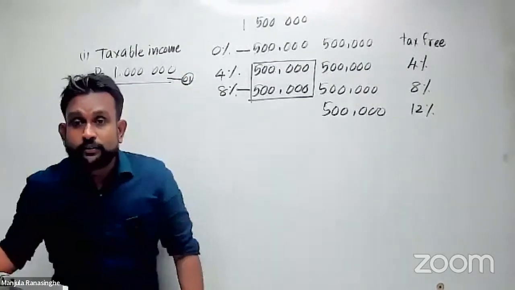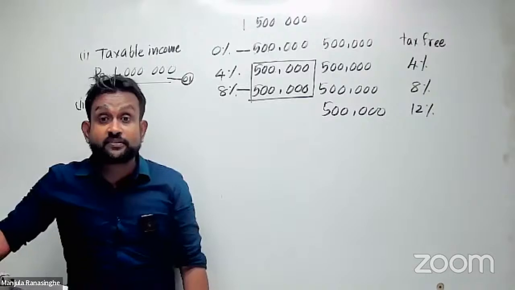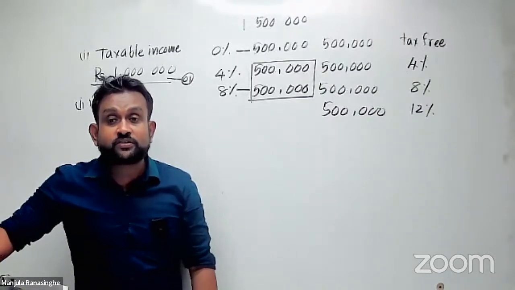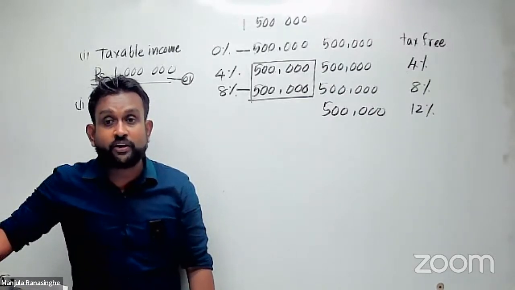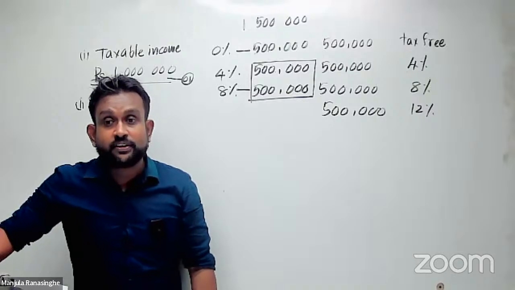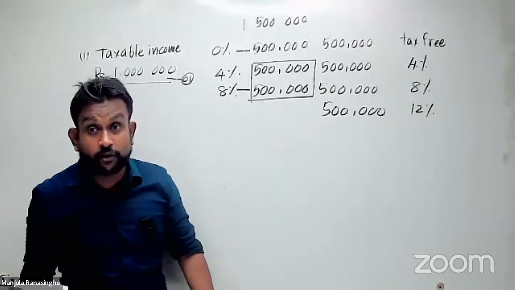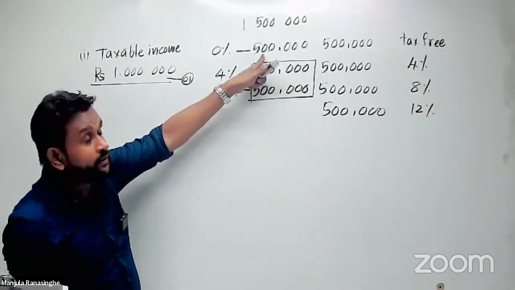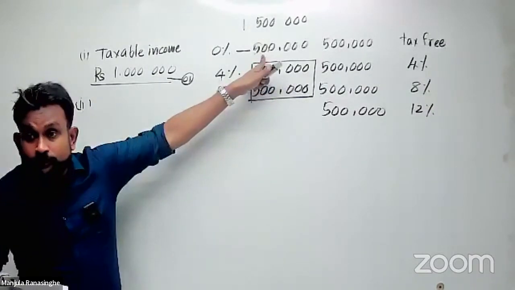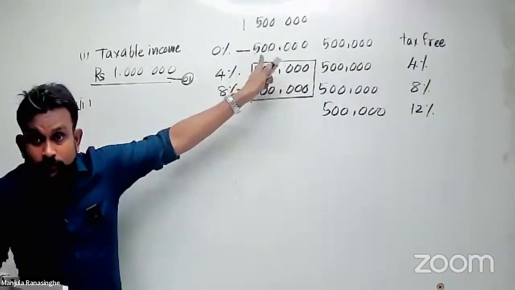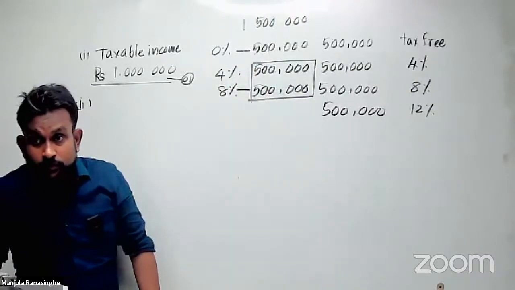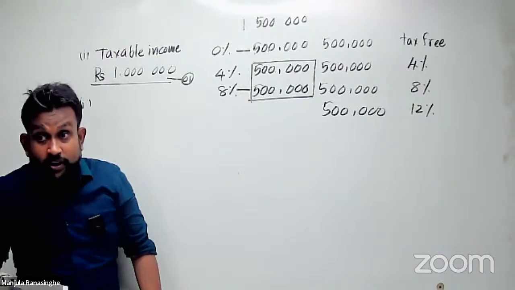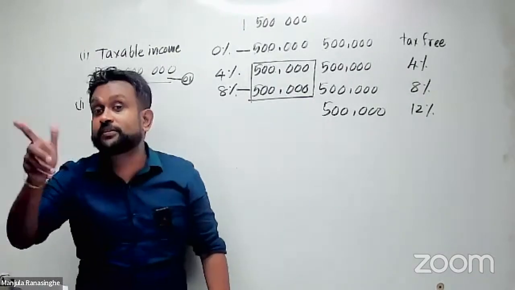Okay. Then part two, find the tax charge on the first 500,000. First 500,000, what is the tax charge? So this is the first 500,000, here tax free. Yes, first 500,000 of taxable income.